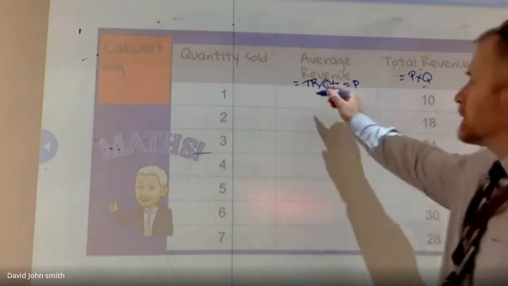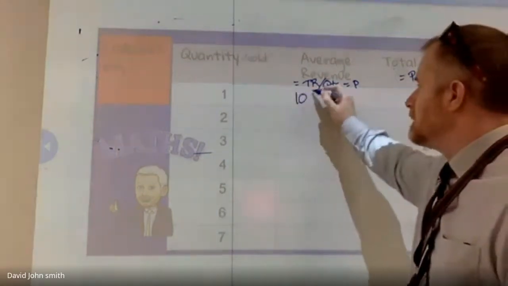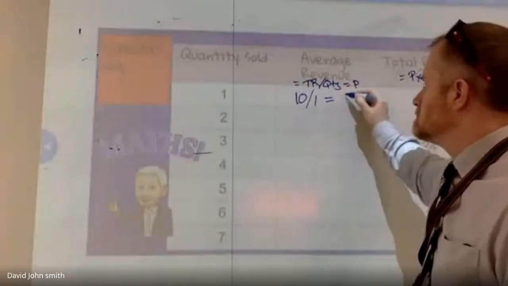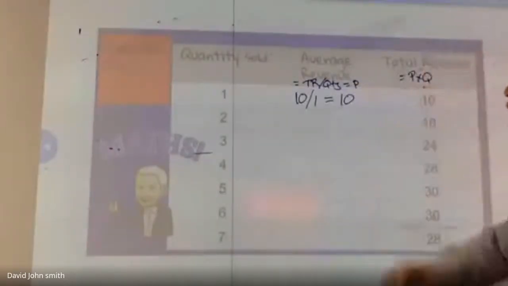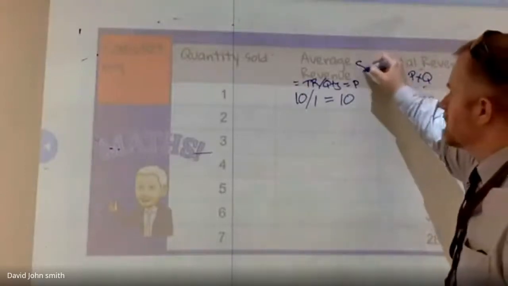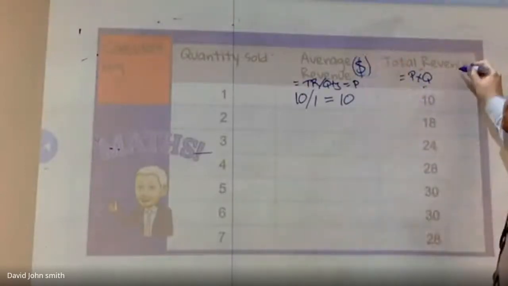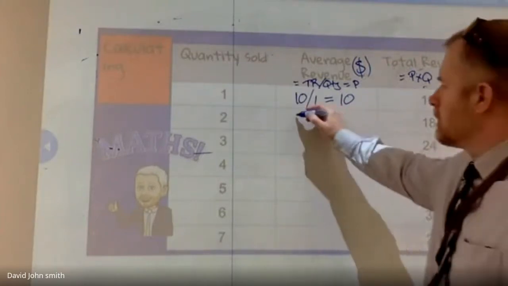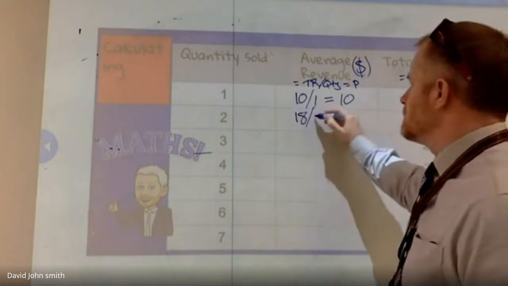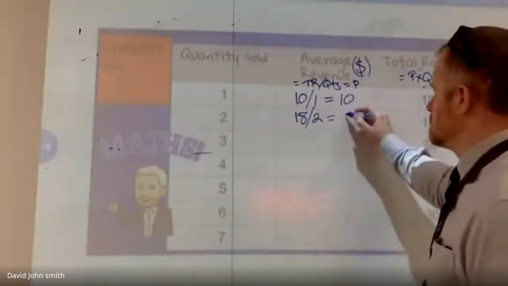So if we have a look here, 10 divided by 1, 10. Average revenue. Price is all in dollars. $18 divided by 2, that's 9.